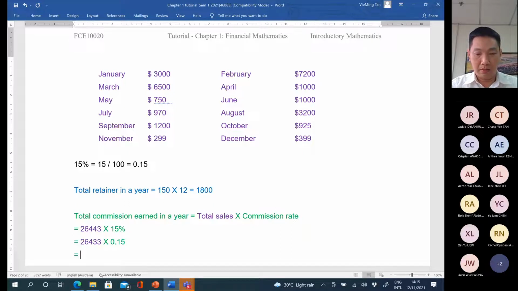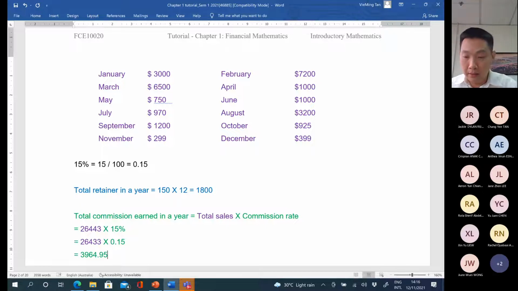Okay, you need to practice. 26,443 multiplied by 15%. So you get 3964.95. You can leave the answer in two decimal places. All right, so you put 3964.95.